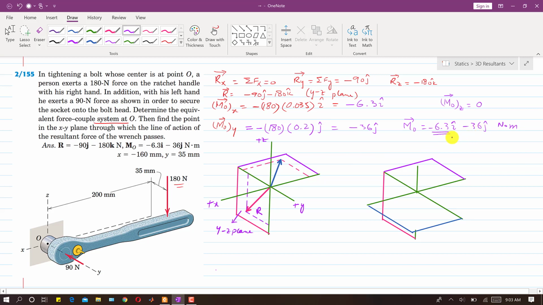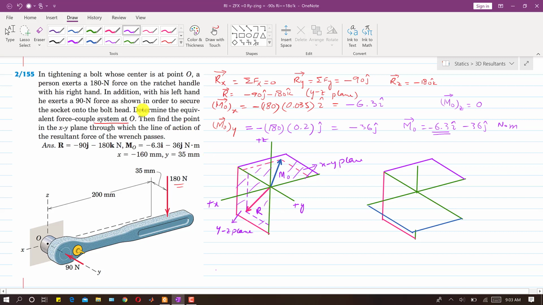So this moment is in the xy plane. This is that moment at point O, and this is the xy plane, and this is the YZ plane.